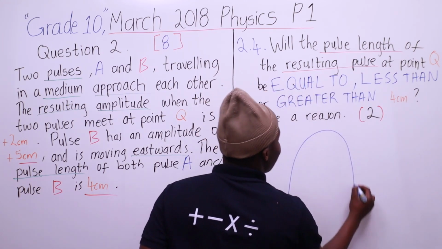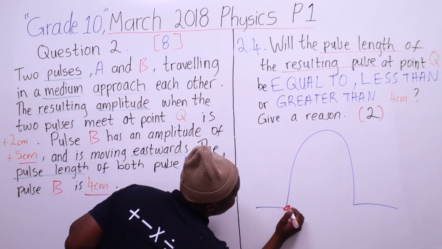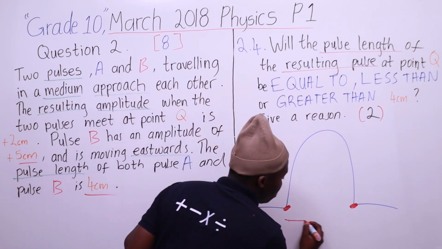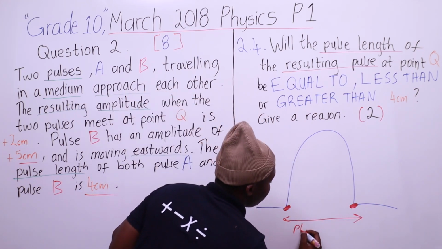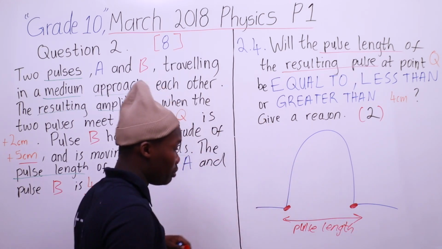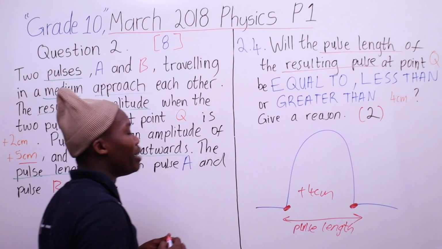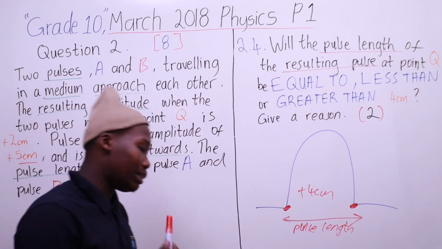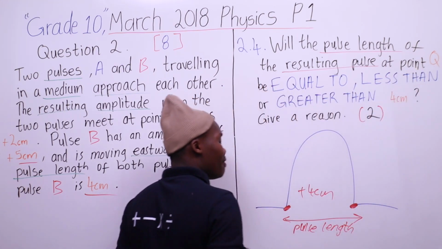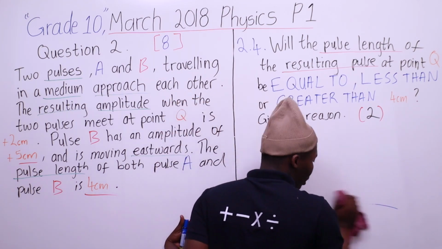So we say this pulse. Which means the pulse starts here, goes up and comes back down. Yabo? The distance between those 2 points is the pulse length. Yabo? That is the pulse length. So this one is 4 centimeters for pulse A and 4 centimeters for pulse B. So when 2 pulses meet, the amplitudes of the pulses are affected, because either constructive interference or destructive interference happens.